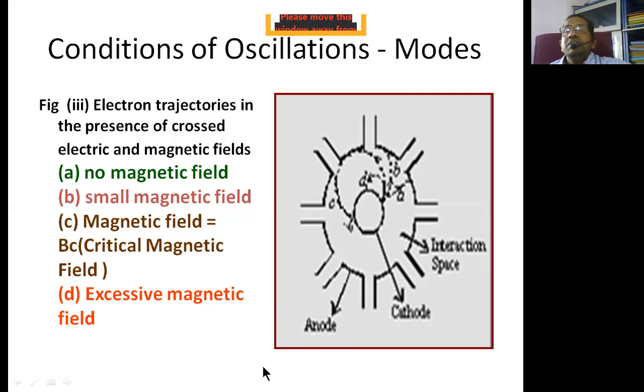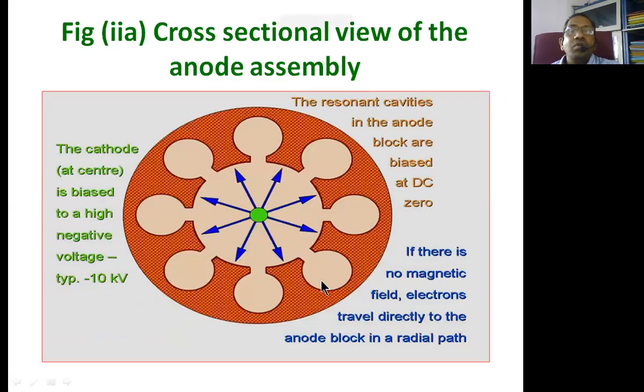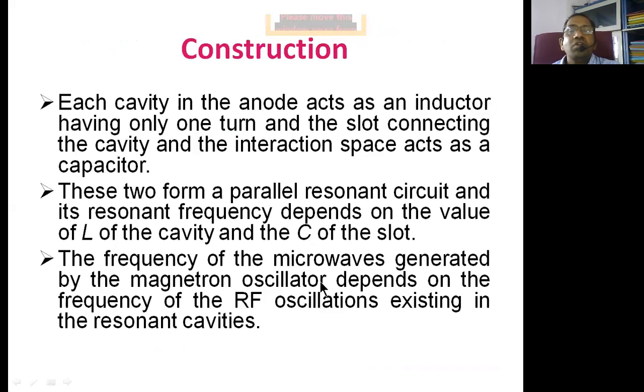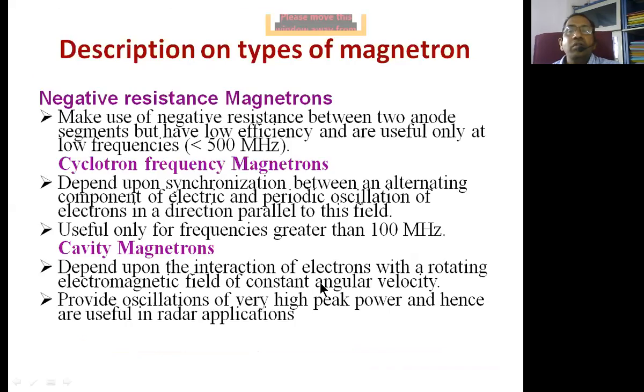Thereby, we can pick up the EM field from any one of these cavities. This is the EM wave generation in the magnetron. This is the basic operation of the magnetron towards generating the EM waves.